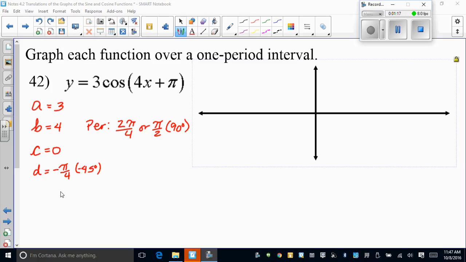So to get our phase shift, to identify our beginning and end point, we do 0 is less than or equal to 4x plus pi, which is 180. Do this in degrees just for you. Less than or equal to 360. I subtract 180, subtract 180, subtract 180.